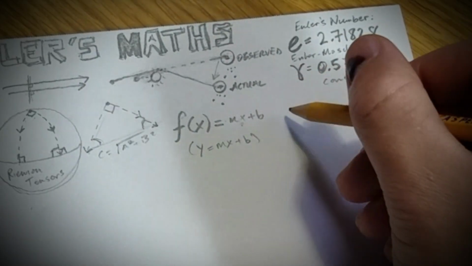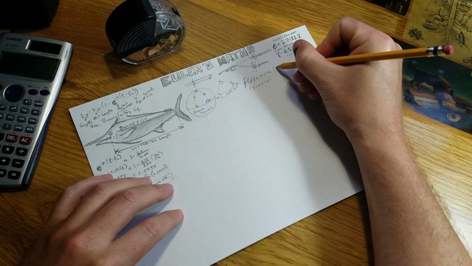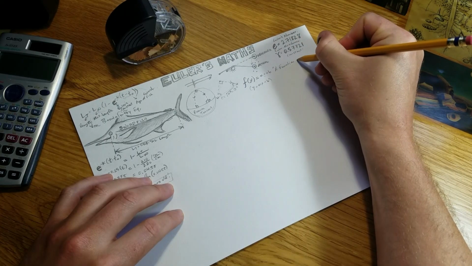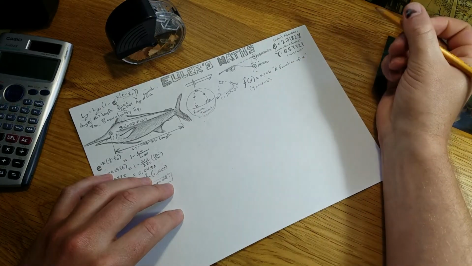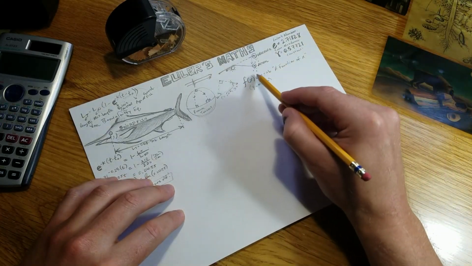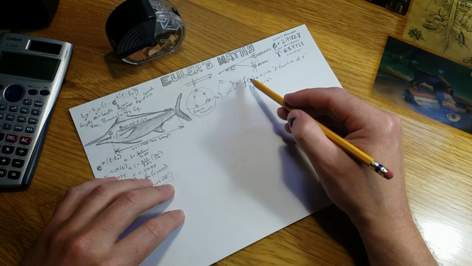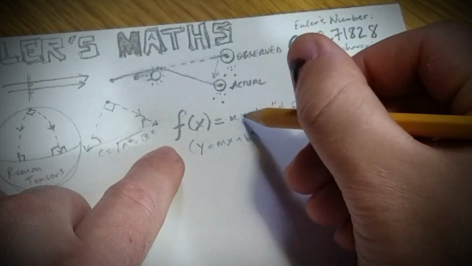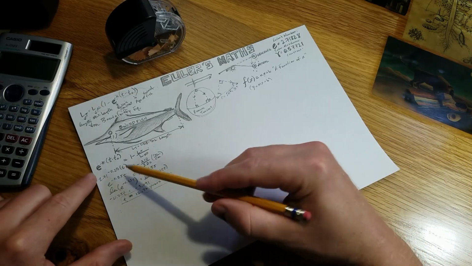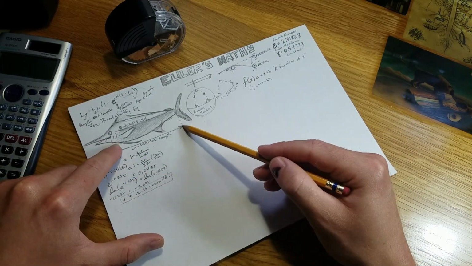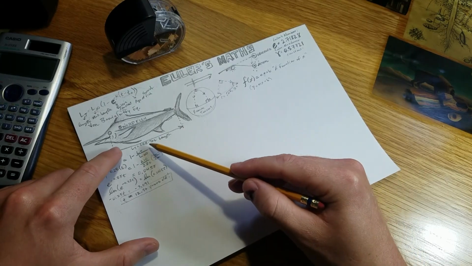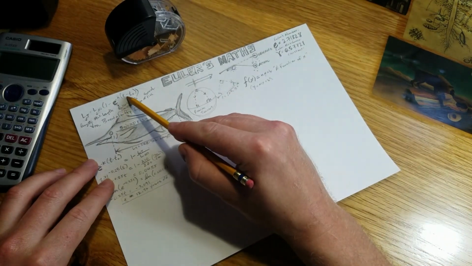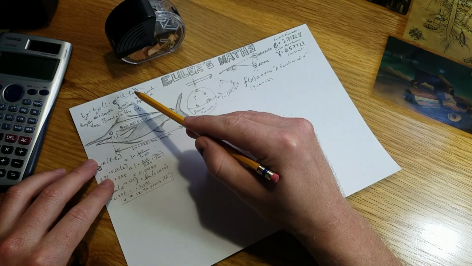So this means really a function of x, which means that whatever the value is over here is a function of, or is dependent on, what x is. And so we say the orbital length of a swordfish is a function of the age of it.